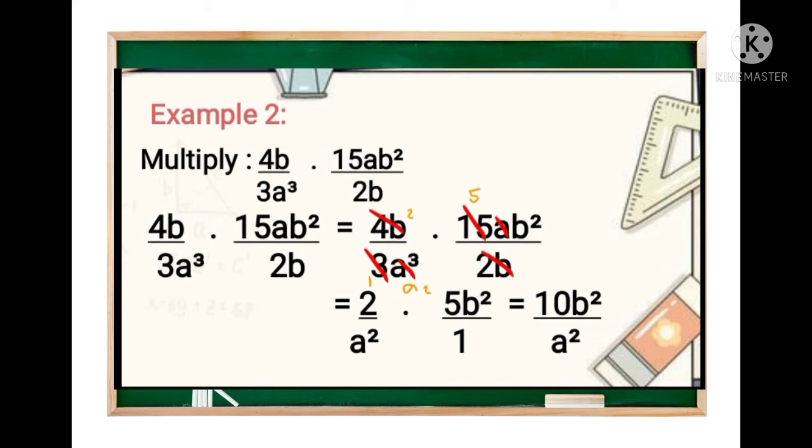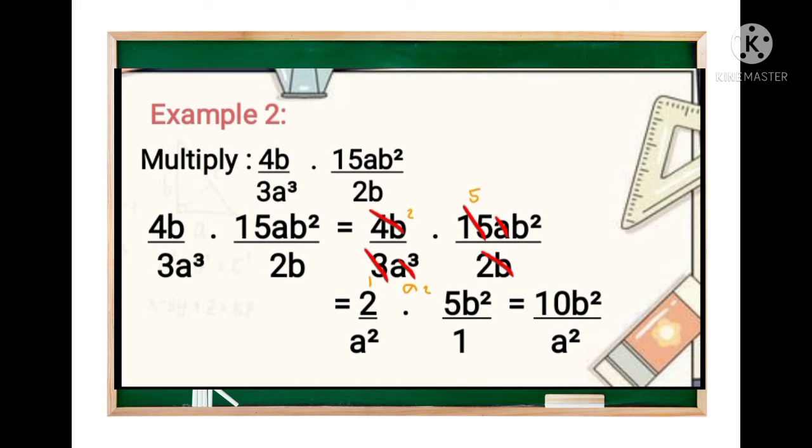Another example, multiply 4b over 3a cubed times 15ab squared over 2b. Divide them by common factors. So 4 divided by 2 is equal to 2. 15 divided by 3 is equal to 5.